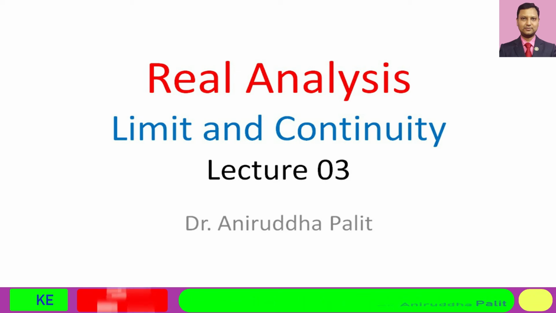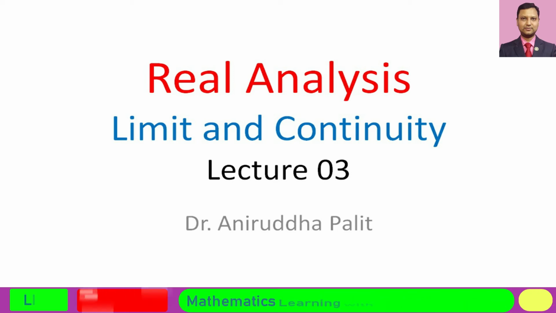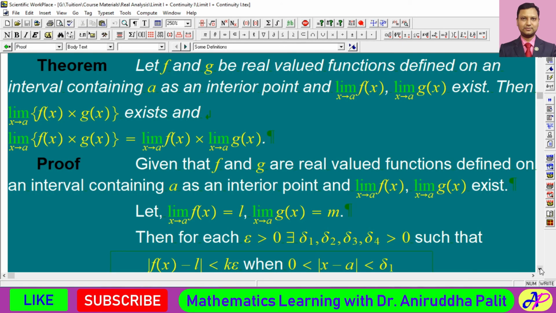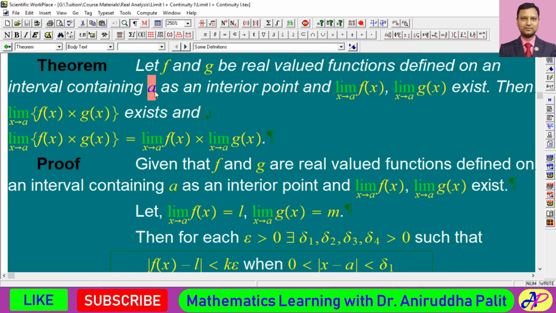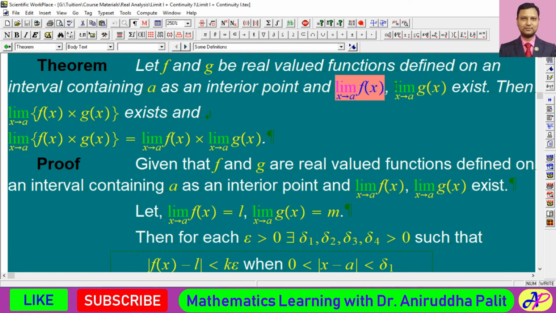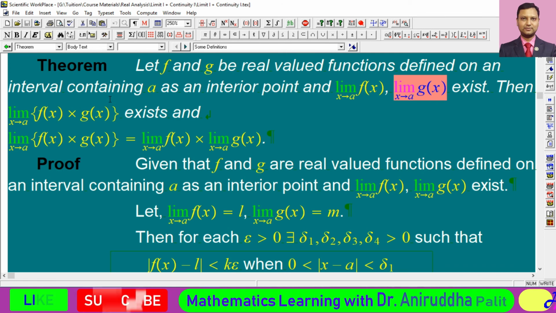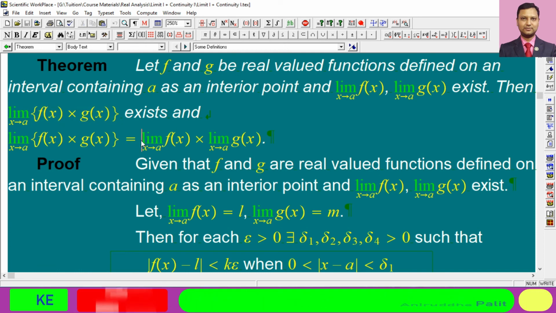আমি ডক্টর অনিরুদ্ধ পালিত শুরু করছি রিয়েল অ্যানালাইসিস থেকে লিমিট অ্যান্ড কন্টিনিউটি রিলেটেড লেকচার 3। Here we are going to prove the result that when f and g are two real valued functions defined on an interval containing a as an interior point, and limit x tends to a f(x) and limit x tends to a g(x), both of these two exist, then limit x tends to a f(x) into g(x) exists, and the limit of this product function is equal to the product of their limits.